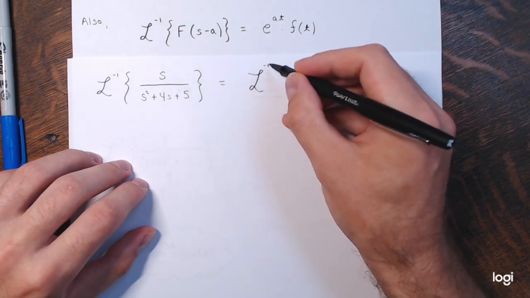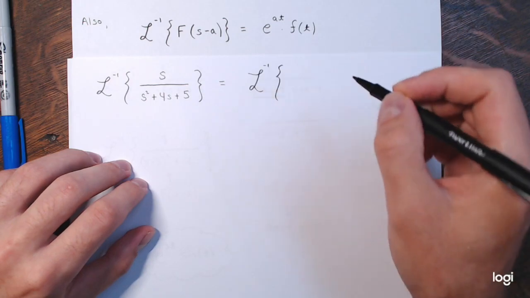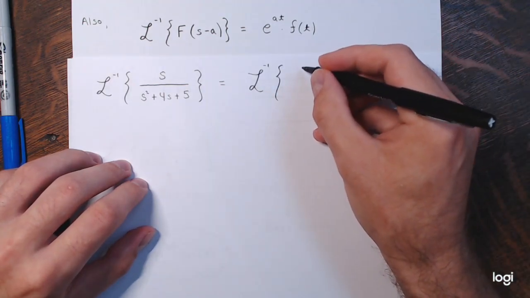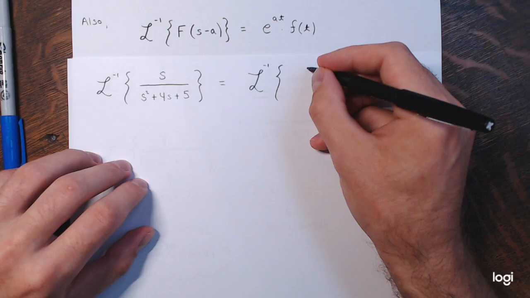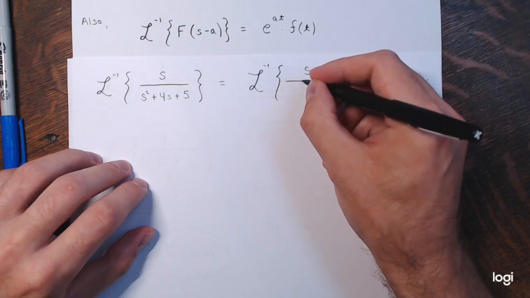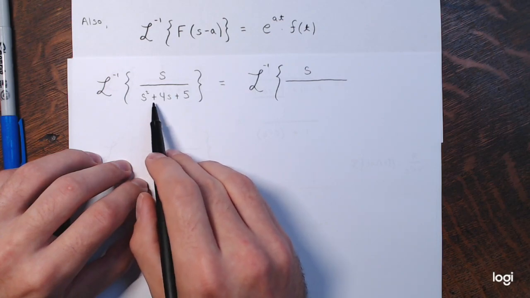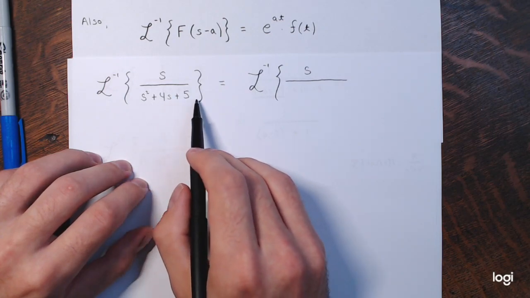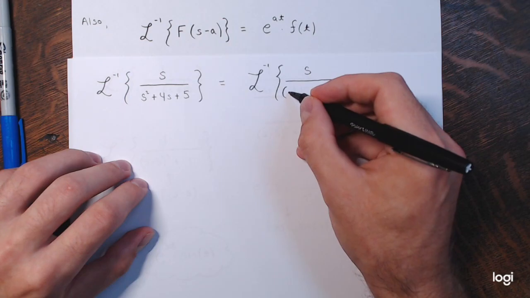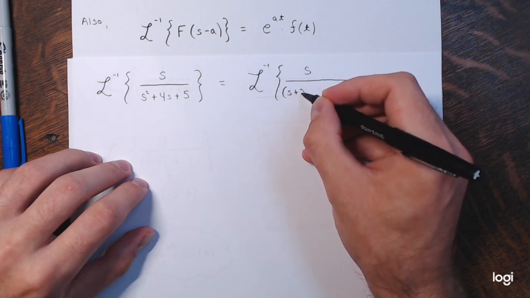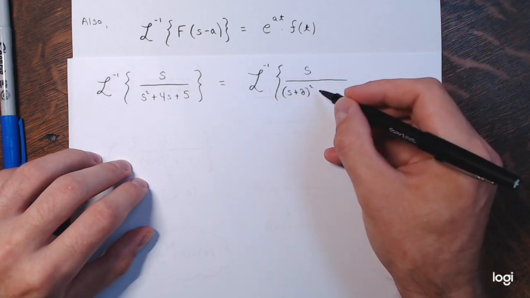I'll just tell you what we're getting here. This is the inverse Laplace transform of s over s squared plus 4s plus 4 plus 1. In other words, s plus 2 squared plus 1.